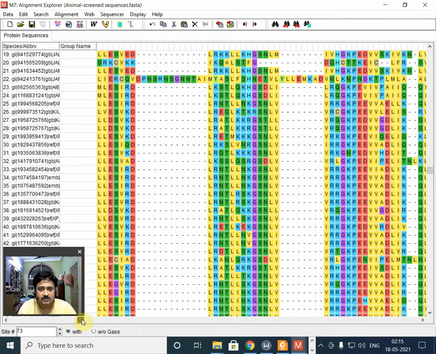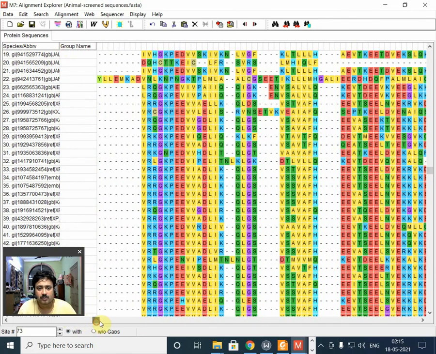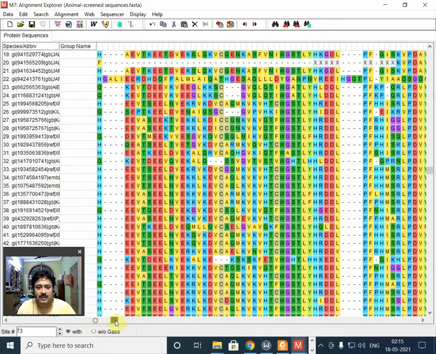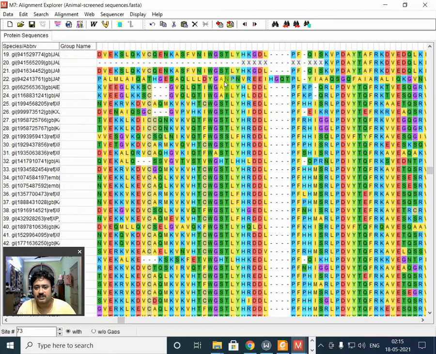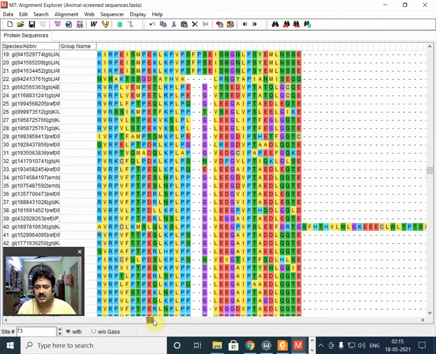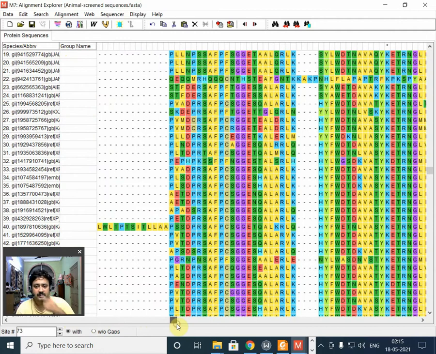If you just go through this number 22, all of these are different from the rest. There is also polymorphism, there are also changes, but in this particular lane, if you go along the whole length, you will see almost all of the amino acids are wrongly placed, that is, they do not belong here. This is even after we have already done the alignment.